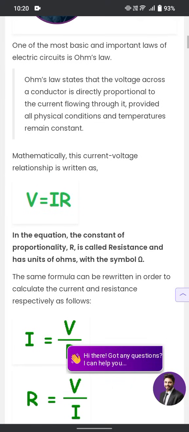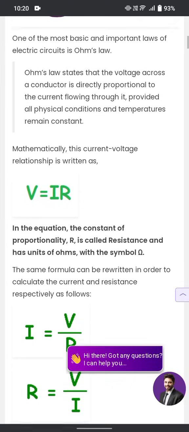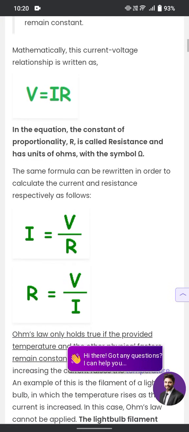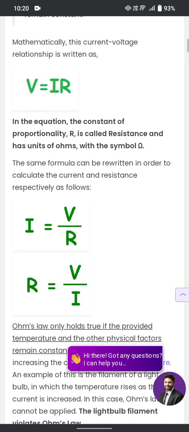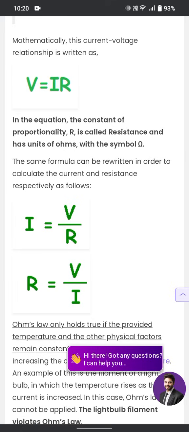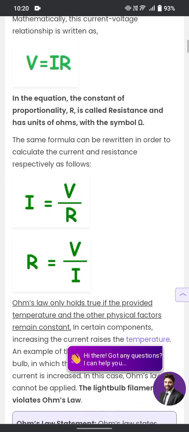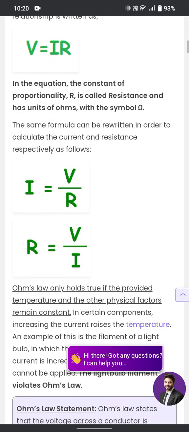Mathematically, this current-voltage relationship is written as V equals IR. In the equation, the constant of proportionality R is called resistance and has units of ohms with the symbol omega.